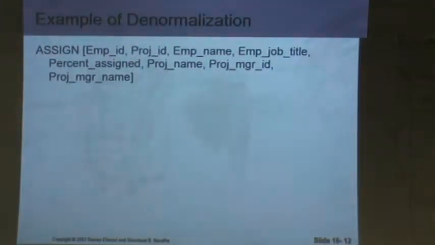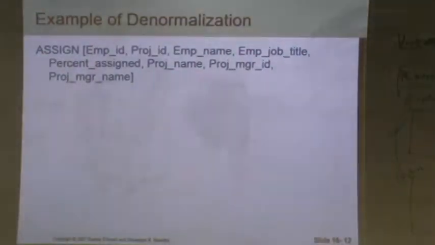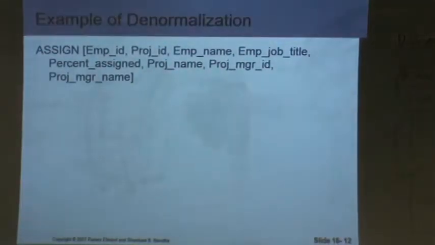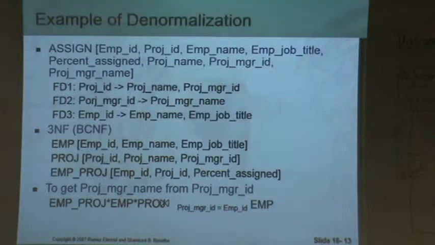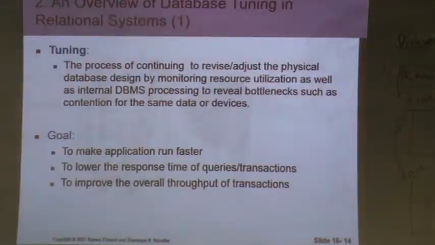If you have a lot of applications or queries that access only employee, that access only the project, you'd better keep it normalized. But if you always join all together, you don't have to do that.